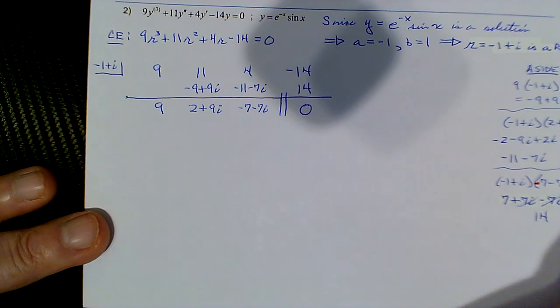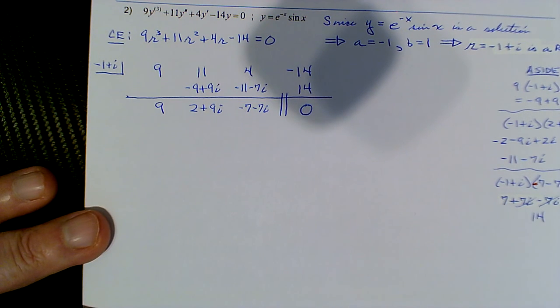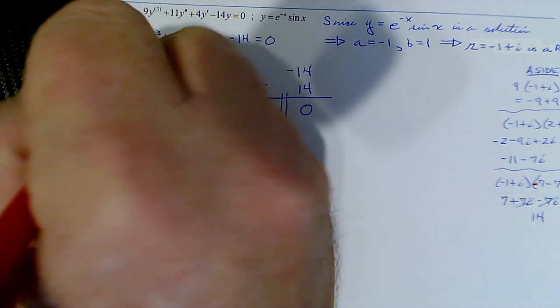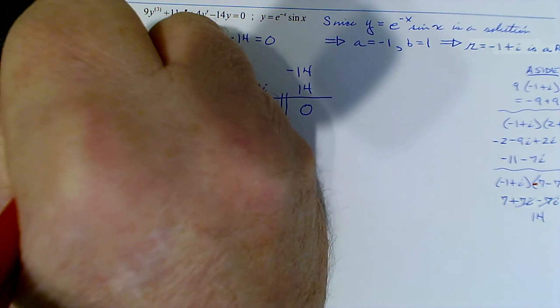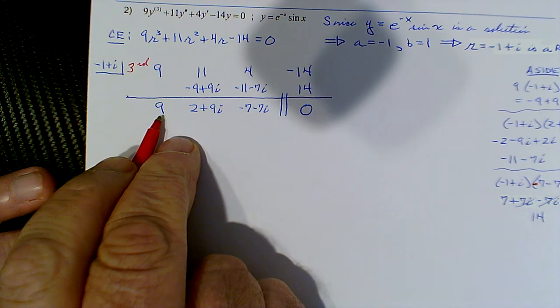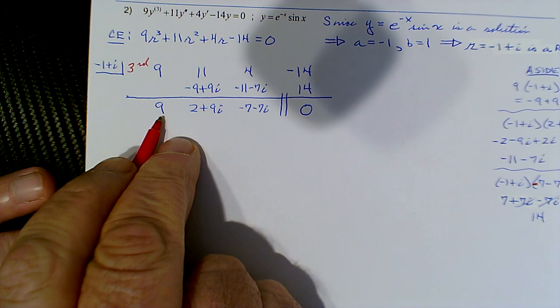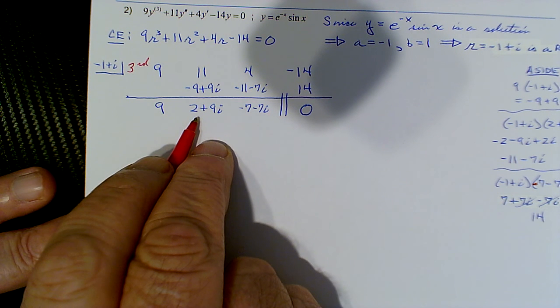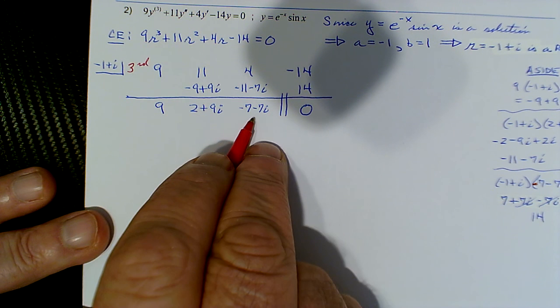Now the thing is, at this point, this is a third order, so this is second order. But I'm not going to write 9r squared and then plus 2 plus 9i times r, and then plus minus 7 minus 7i as its constant.